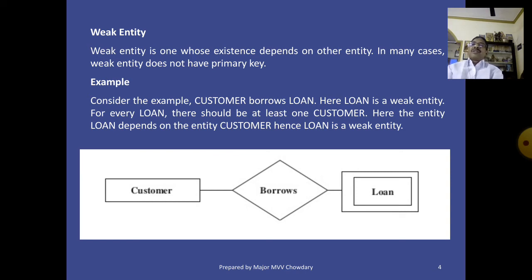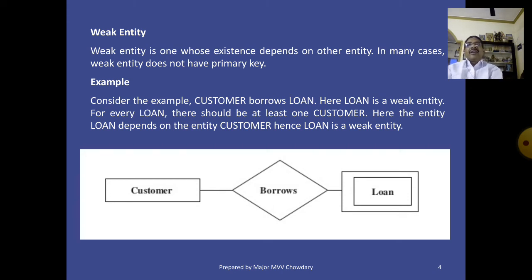Why? Because for every loan, there should be at least one customer. The entity loan depends on the entity customer. Hence, loan is a weak entity.